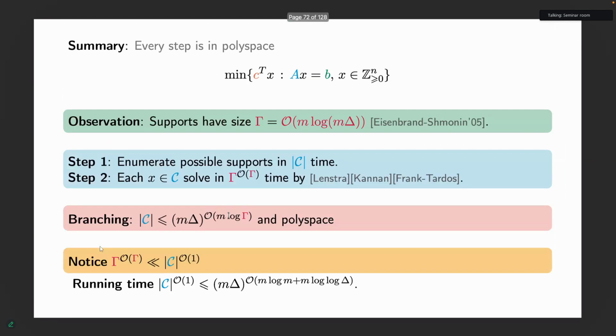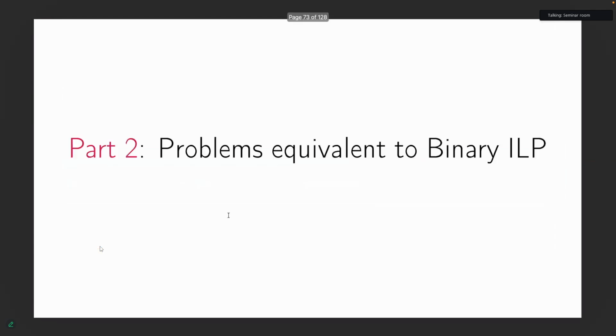Any questions about this part? Okay, so let me move to binary ILPs.